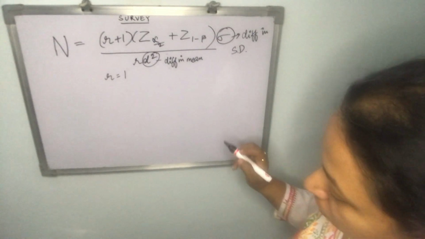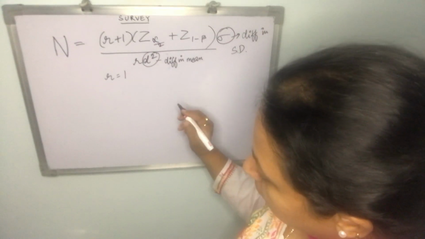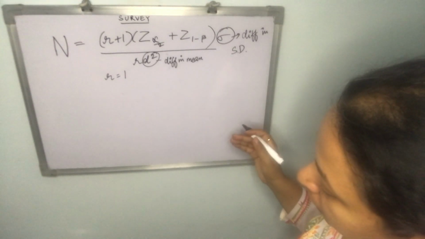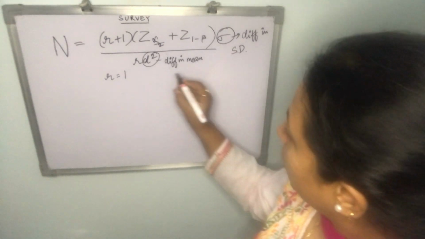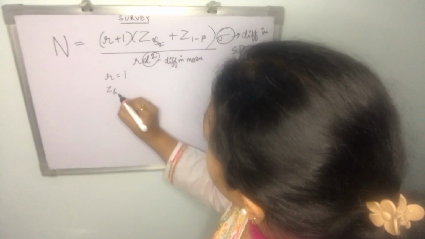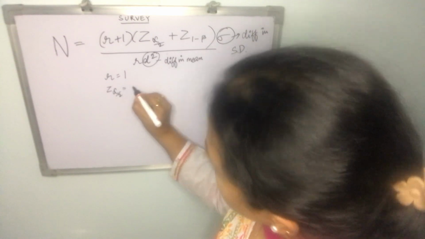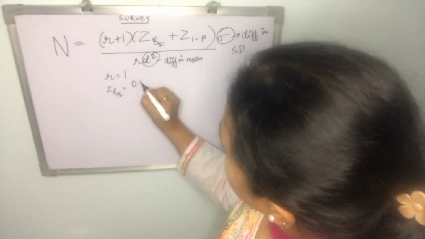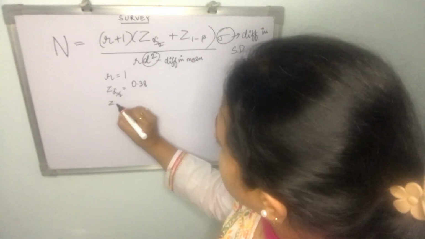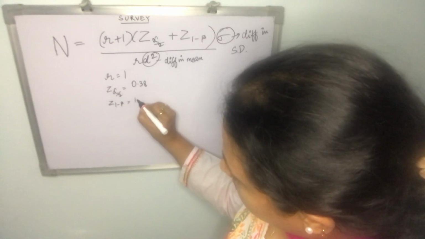Now we know that z alpha by 2 is 0.38 and z 1 minus beta is 1.96. Okay, this value z alpha upon 2 we know is 0.38 and z 1 minus beta is equal to 1.96.